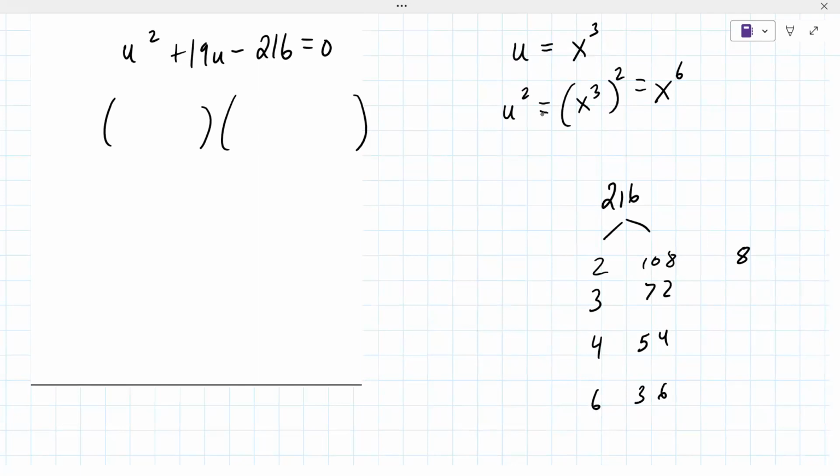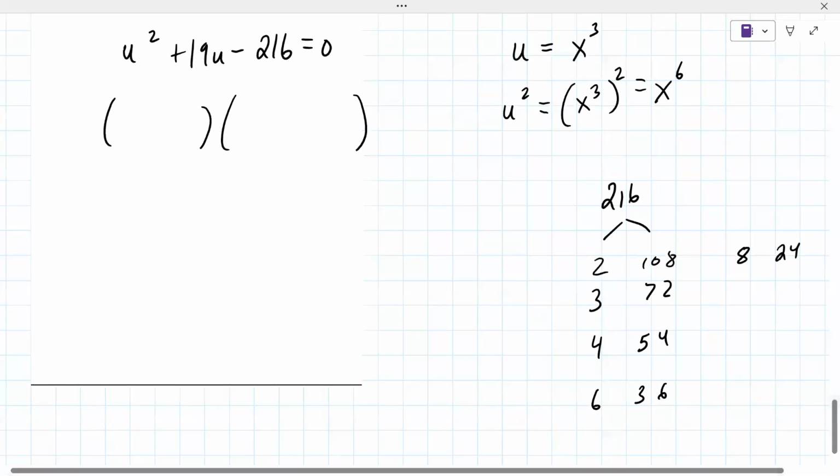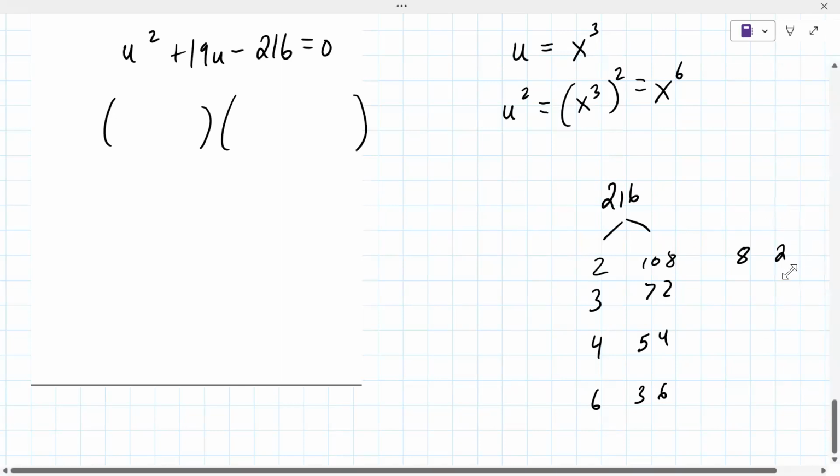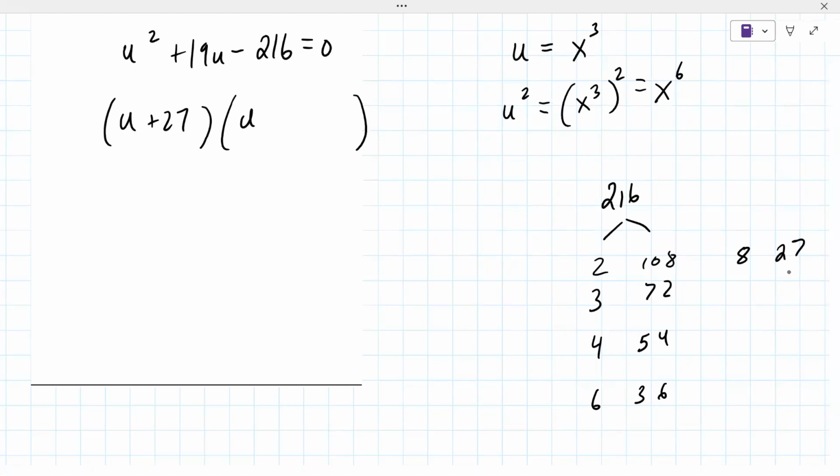So it's 8 and 24. No, that doesn't seem right. This is where it gets nice to have a calculator. 27, and that's the one. So it becomes u plus 27, u minus 8.